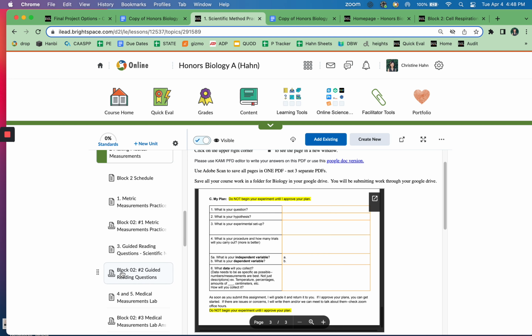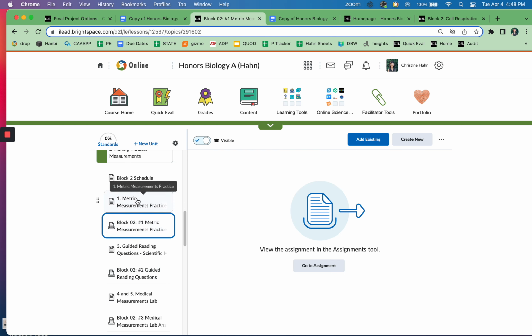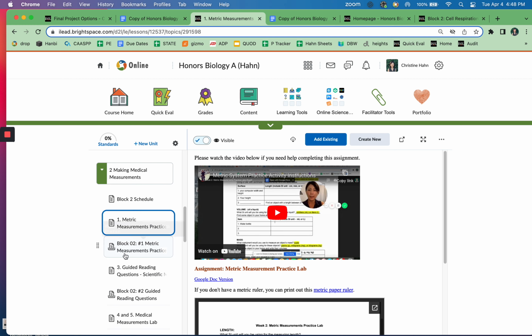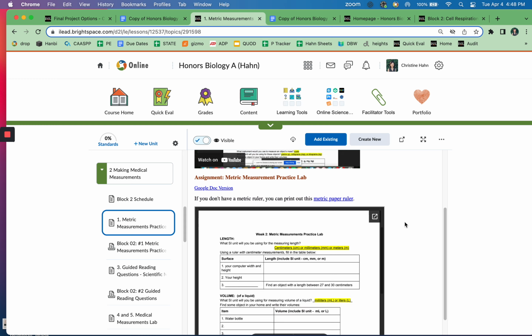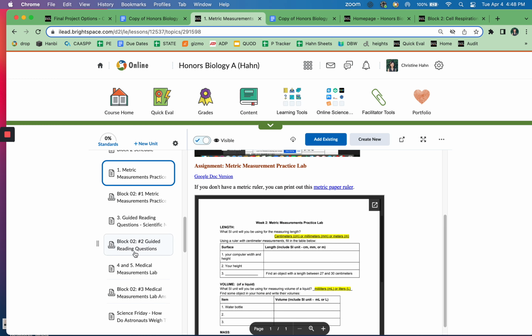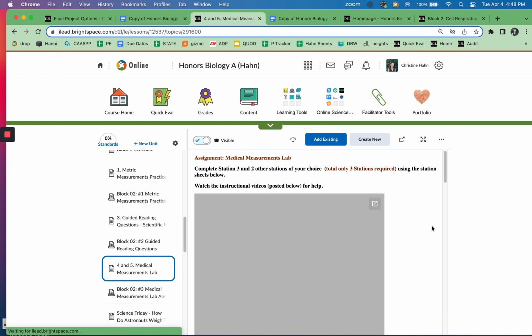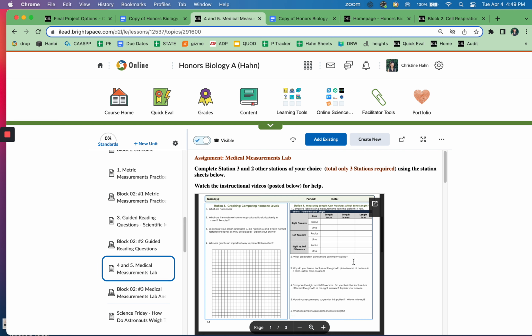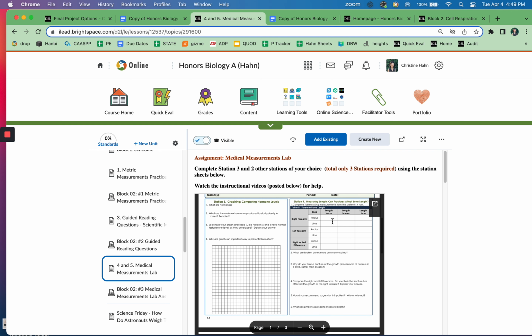If we look at block 2, making metric measurements, I have them do medical measurements. So, when they're graphing hormone levels, measuring. So they're learning conversions of centimeters, meters.